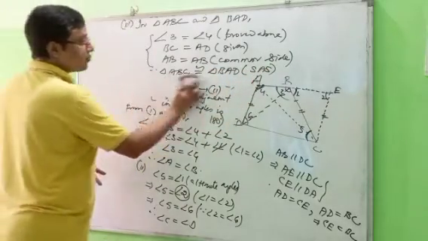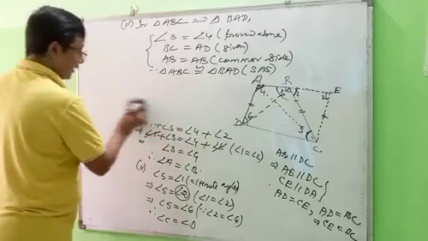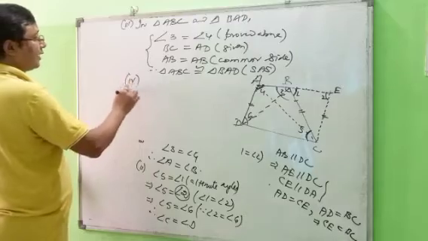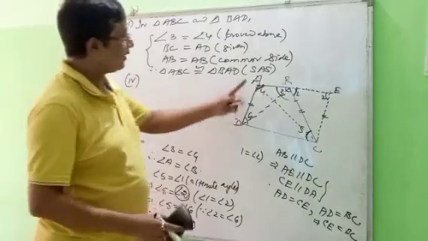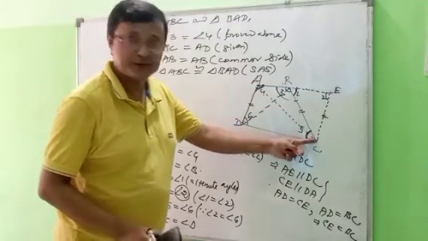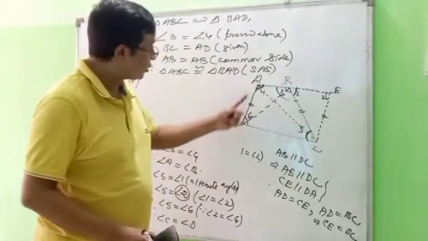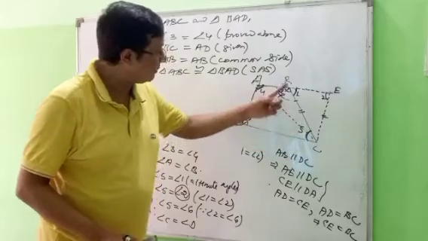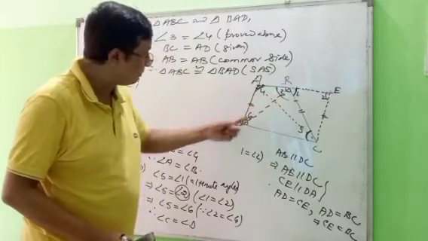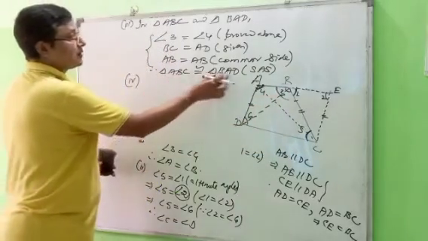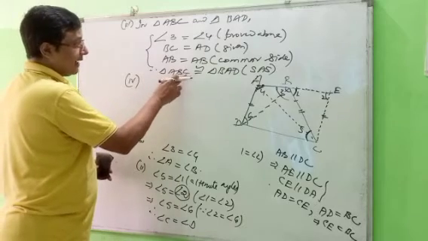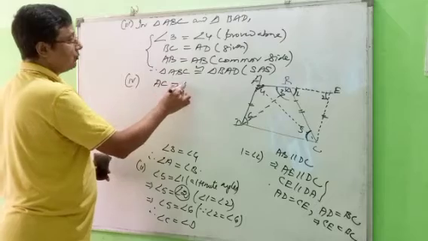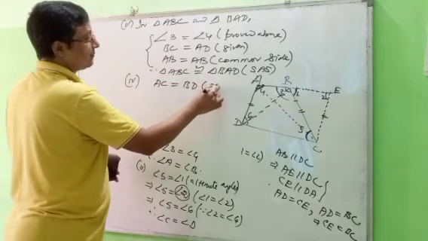As the two triangles are congruent, that is the last one. In ABC you got AC, and in triangle BAD you got BD. So AC equals BD, by CPCT.